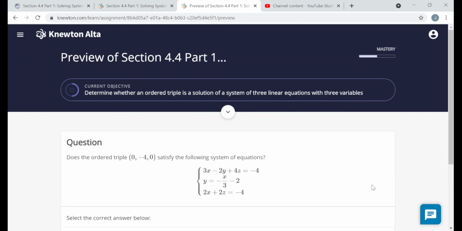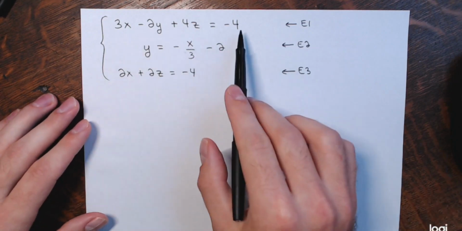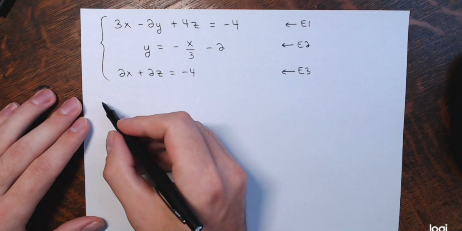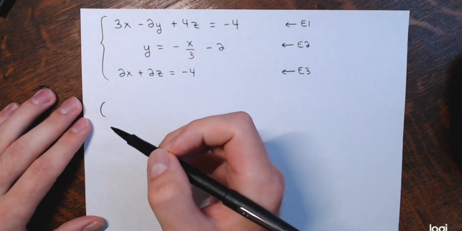All right, so this is another one of those easier ones, where you're just replacing x, y, and z with some value and seeing if all the equations in the system are true. So once again, I've written out the system, equation 1, equation 2, equation 3, and the ordered triple, sorry, I almost said pair, the ordered triple.